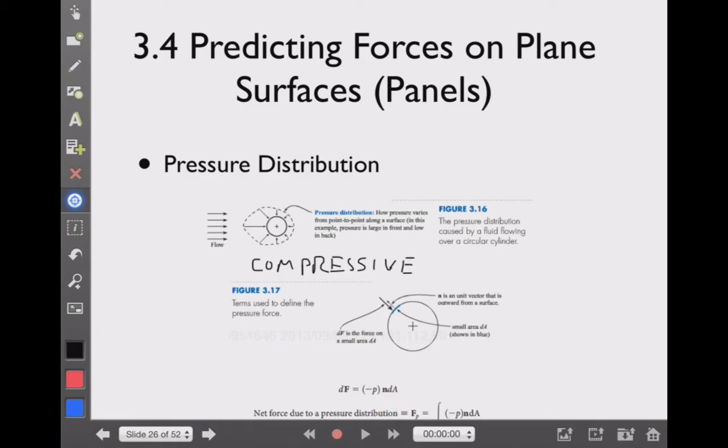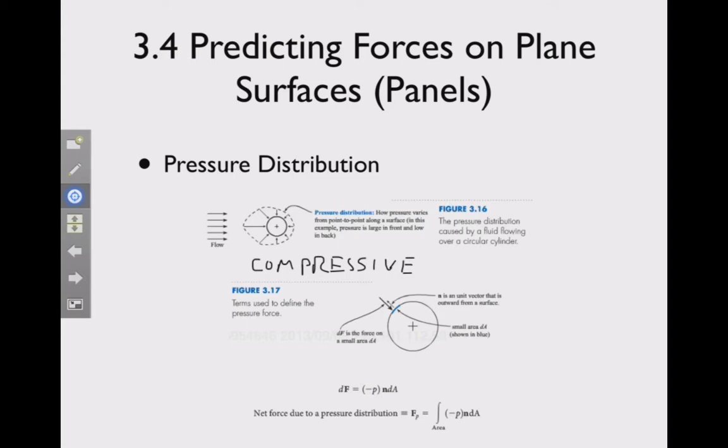And then obviously to get the total force across this whole object, in this pressure field, we would have to integrate around the whole cylinder, all the pressures through all the differential areas to get the total, the net force, due to the pressure distribution.